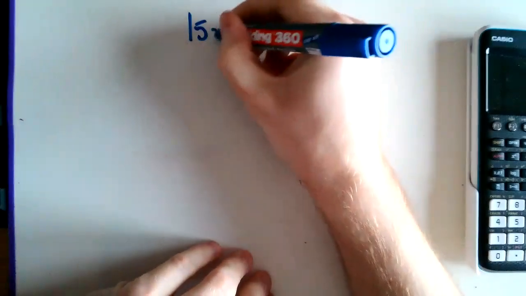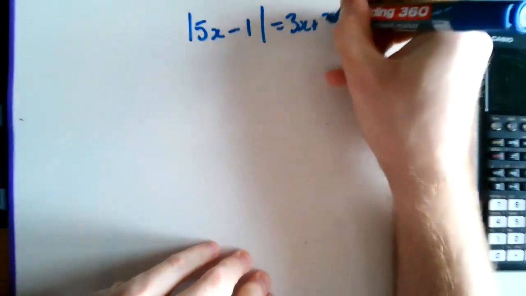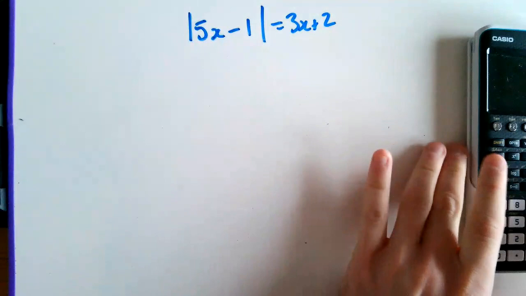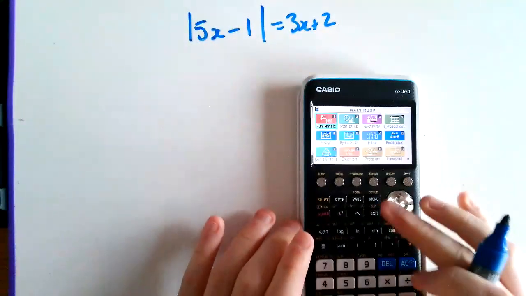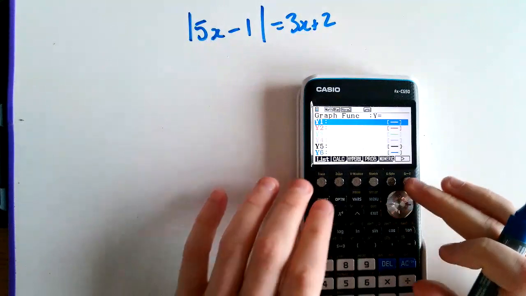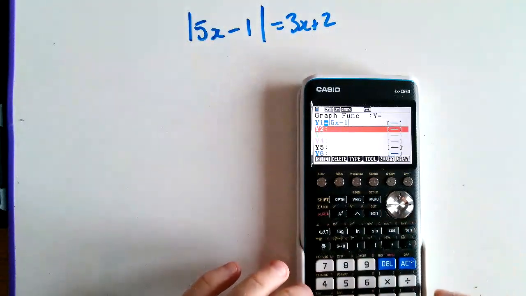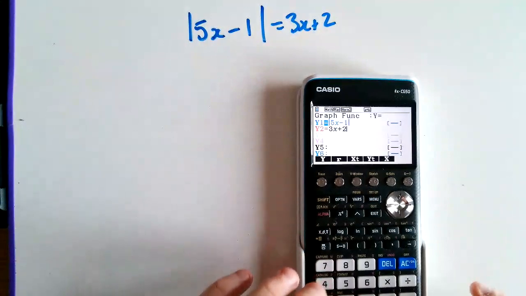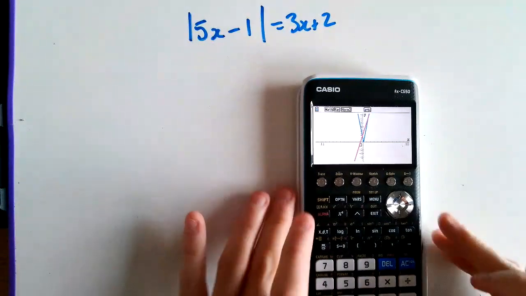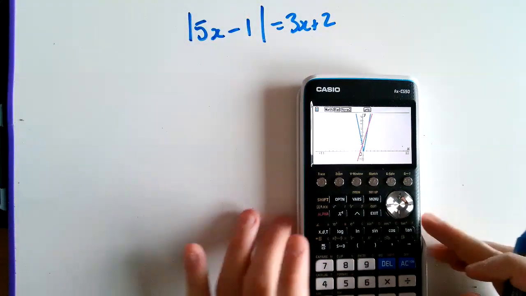Next one, solve modulus 5x minus 1 equals 3x plus 2. Well, the first thing to do is draw a sketch. So calculator ready, see if you can remember how to do the sketch. So options, numeric, absolute, 5x minus 1 and 3x plus 2. If I zoom out, yeah, so they intersect twice, look.